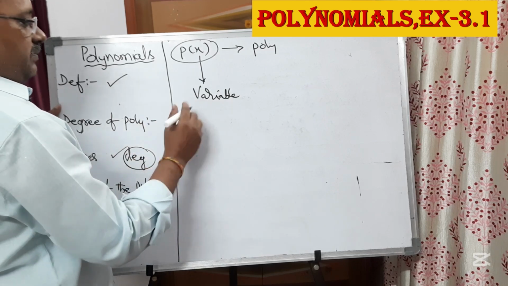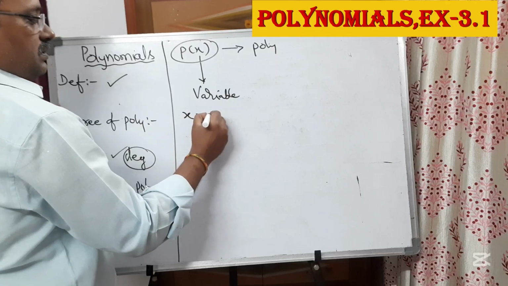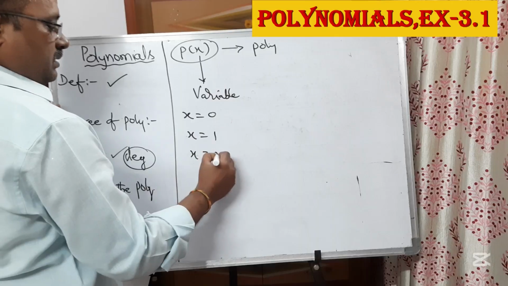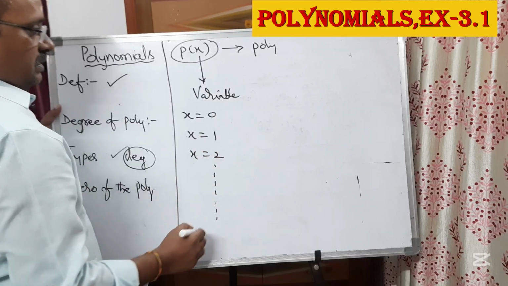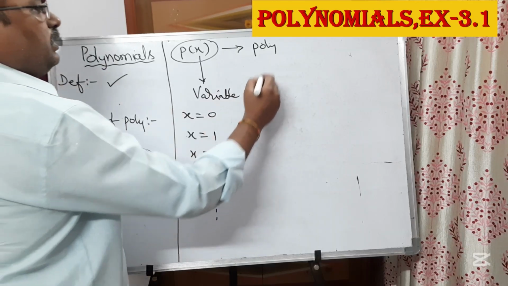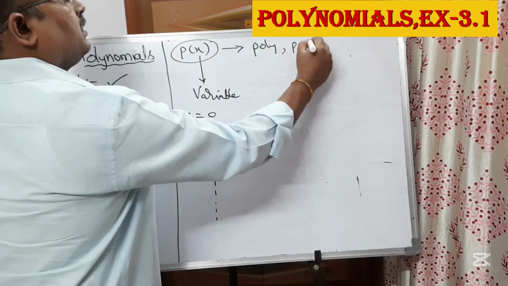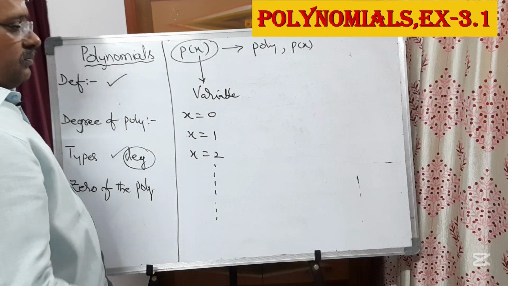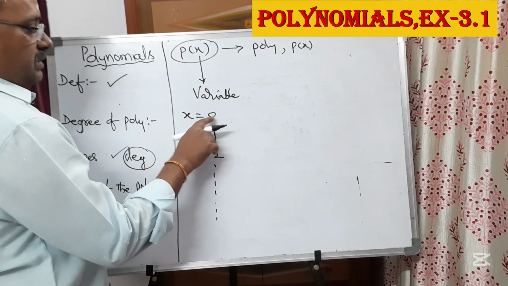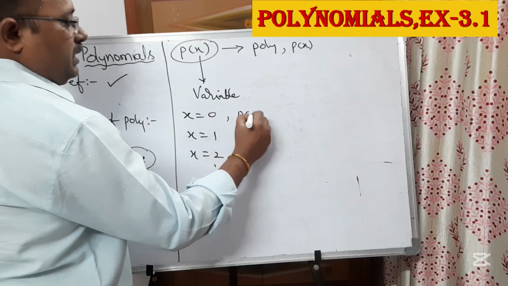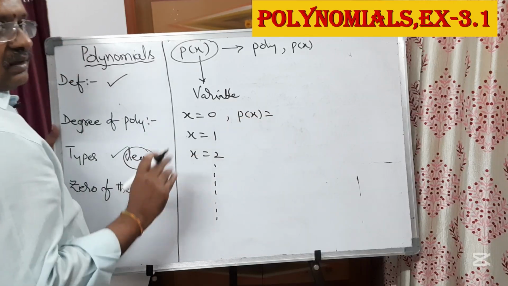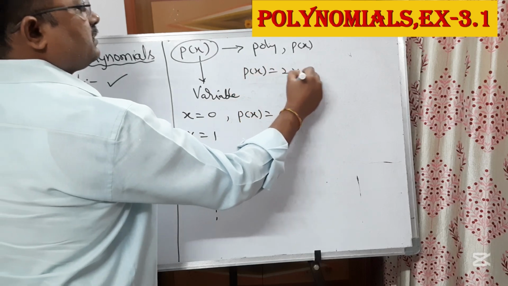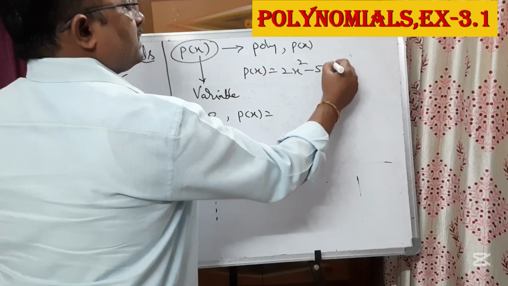If we change the variable value, x value as 0, x value as 1, x value as 2, like that, automatically the polynomial value p of x will also change. For example, with p of x equal to 2x square minus 5x plus 3.